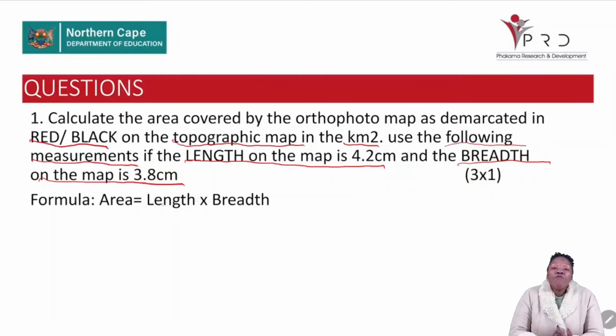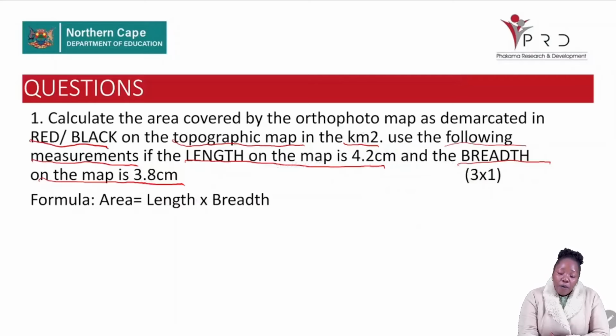Even if you forgot, if it was 5 marks, they were not going to give you the measurements, so you would need to do them on your own. Remember, when measuring, you start from 0 up until the next point. The side that is longer will be your length, and the side that is shorter will be your breadth.